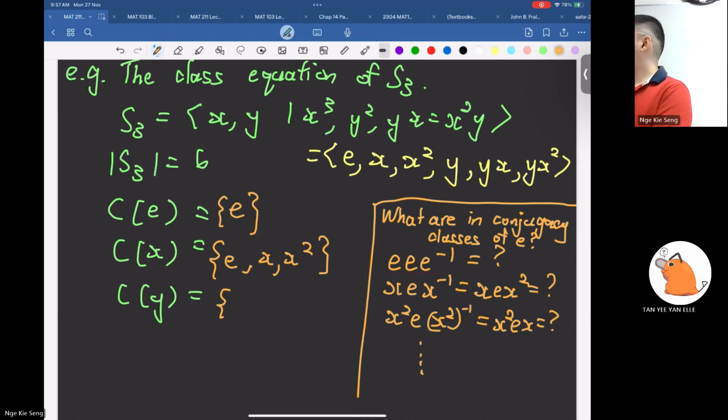Why do you have identity? This is a good question. Is anything conjugate to identity? Identity commutes with everyone. So who conjugates with X so that you get identity? No, you don't have it.